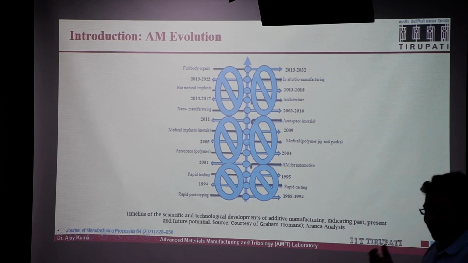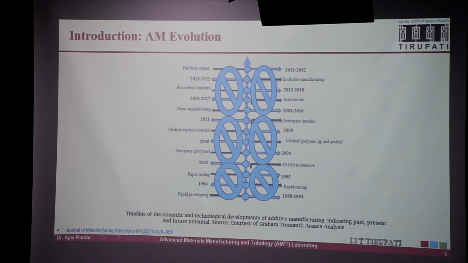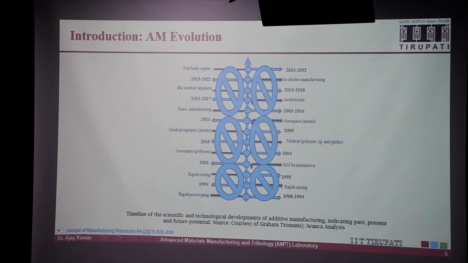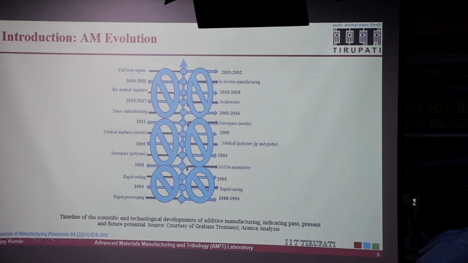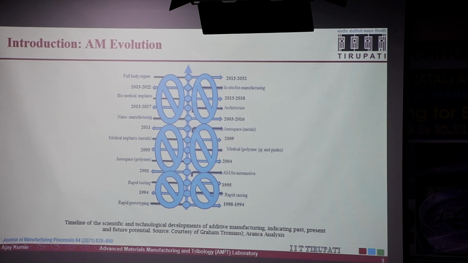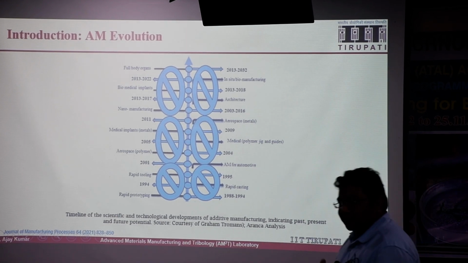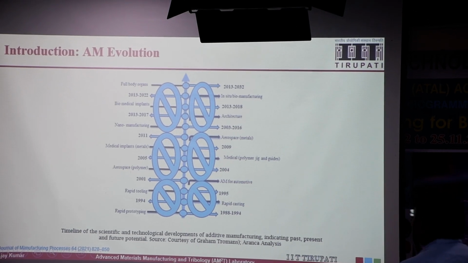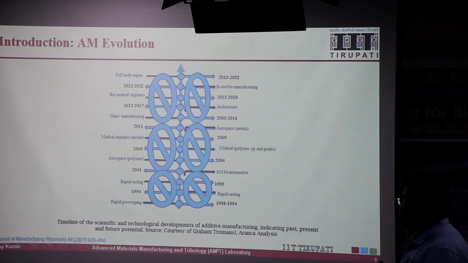In 2005 they started using the additive manufacturing process for biomedical implants, especially on metals, and in 2011 it entered aerospace. Then it came to architecture, and from 2013 to 2018 the focus was on biomedical implants, and today we are discussing biomanufacturing also.